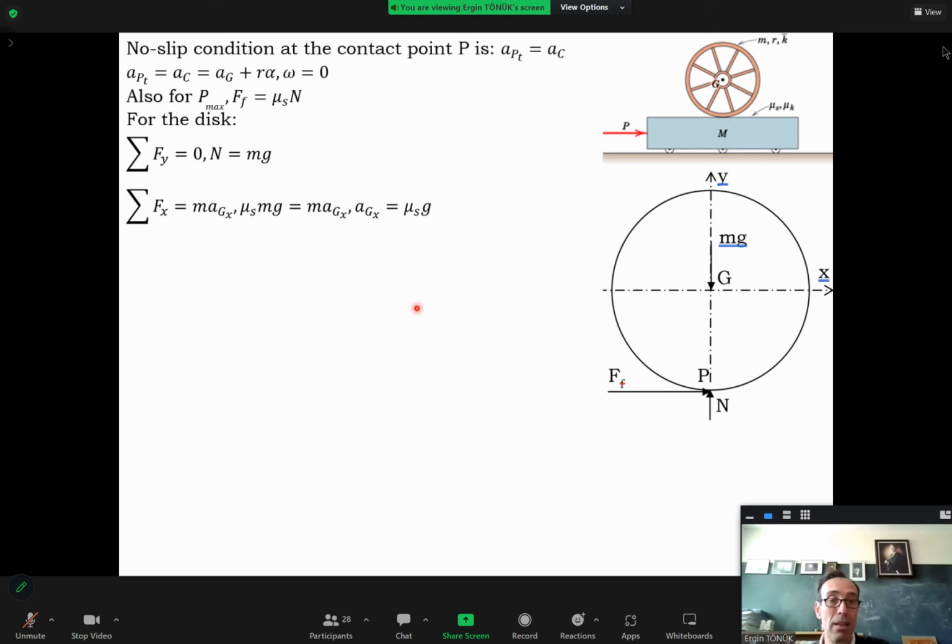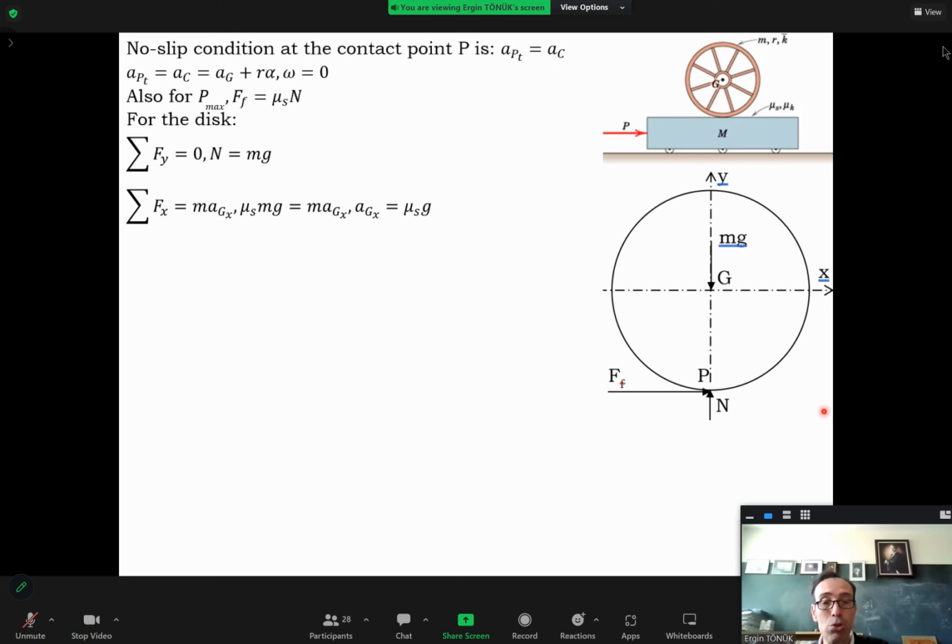And then I will say the sum of the forces in x direction is equal to m a_Gx. And the friction force is the only force in x direction. Just for a moment, think that the friction force is 0.